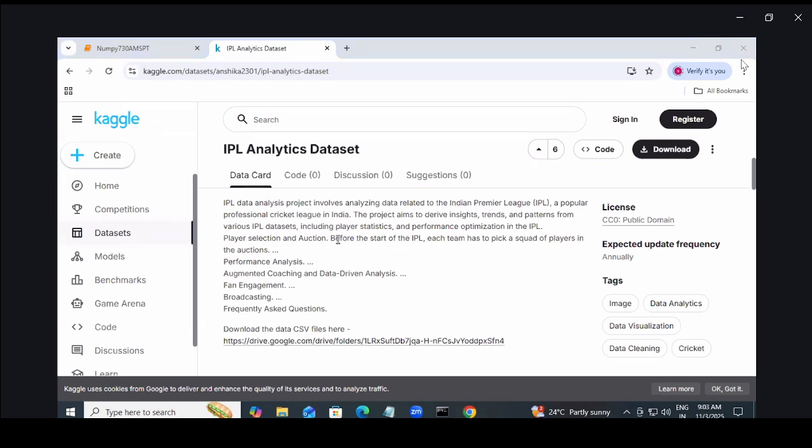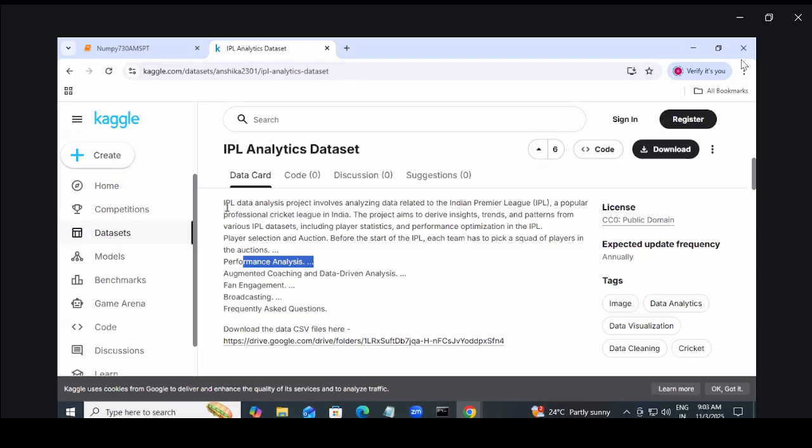See here. Before the start of the IPL, each team picks a squad of players in the auctions. What is the analysis? Performance analysis. How is this performance analysis done? Based on a lot of parameters, right? Yes.